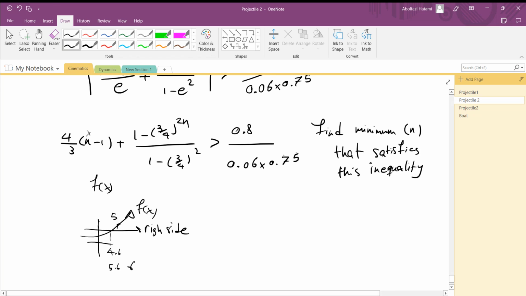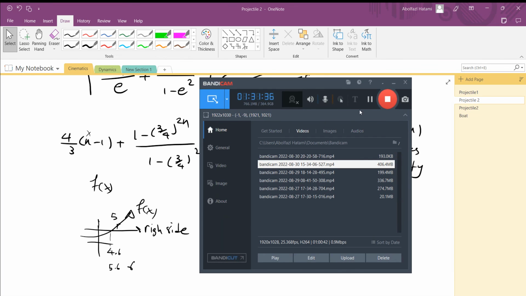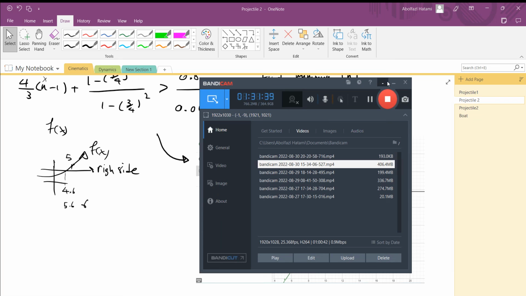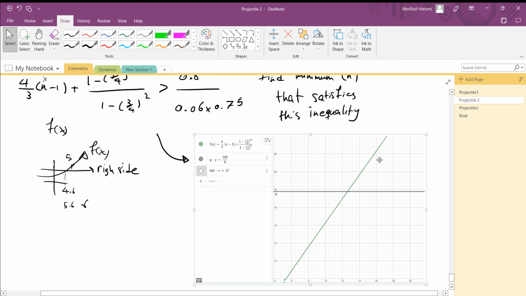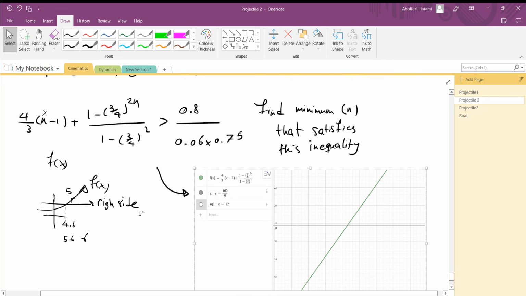I think our answer is going to be, let me check, and I will write the answer here. Okay guys, I checked the inequality. I did what I said.